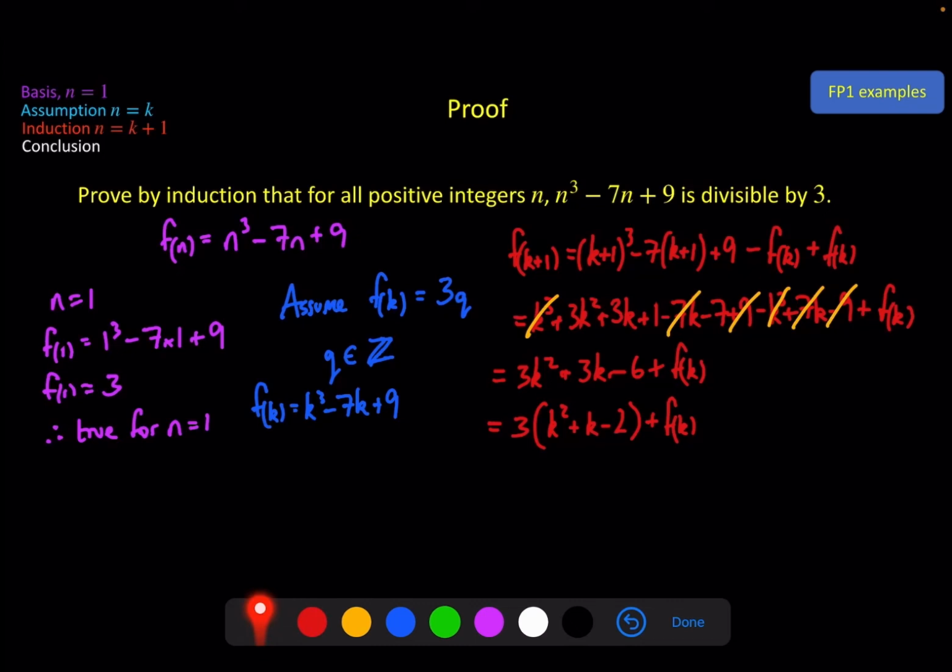And of course we know that k is a positive integer because that's all we're talking about, positive integers. So this thing in brackets is obviously a positive integer. So this is divisible by 3 because I pulled a factor of 3 out the front. And assuming f of k is divisible by 3, then f of k plus 1 is also divisible by 3.